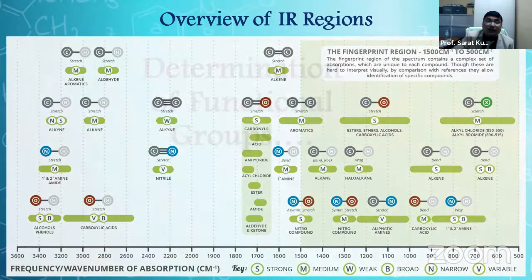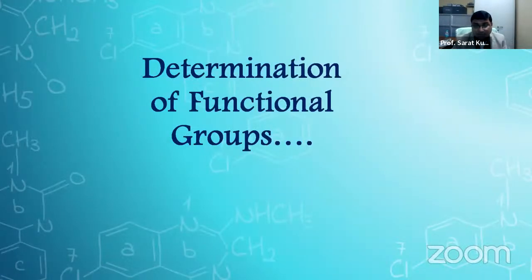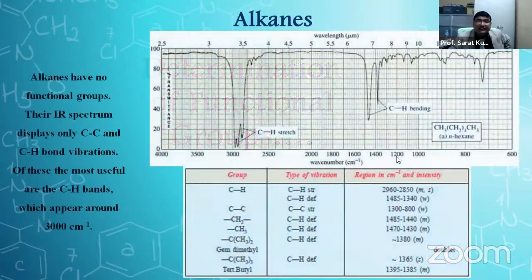I'll show you some compounds, how to determine the functional group. Very simple. Suppose there is a question where a number of peaks are obtained for a particular compound, showing the number of IR absorptions. Which absorption is the most characteristic for identification? Take a simple example, the alkane IR spectrum, which has CC and CH bonds.